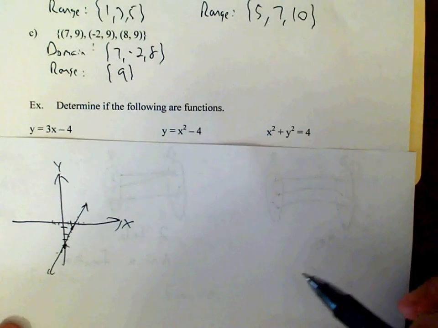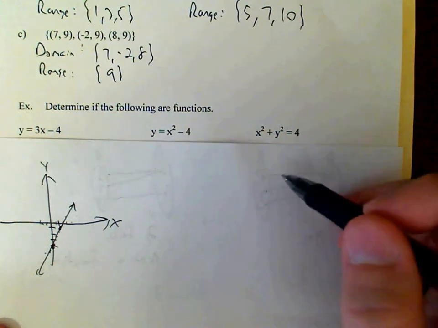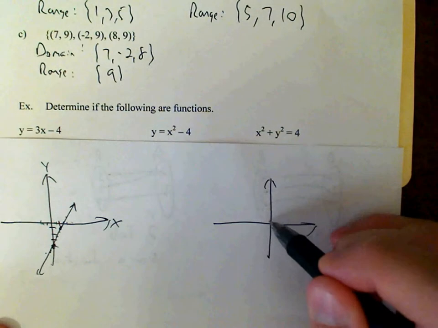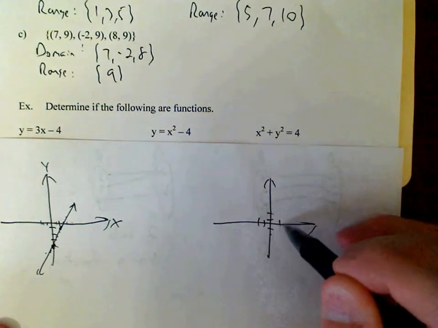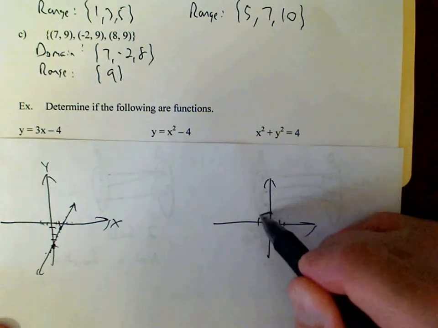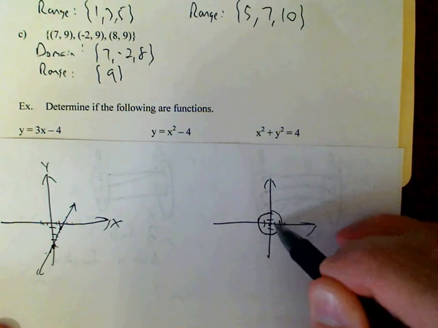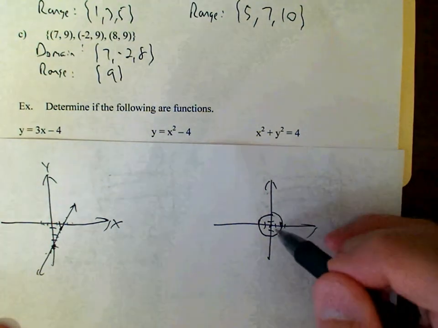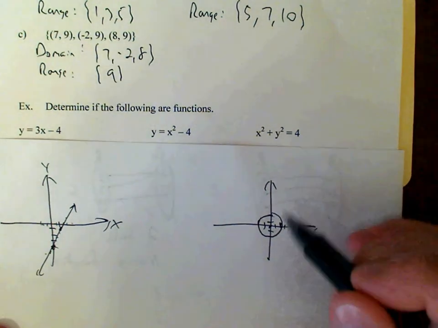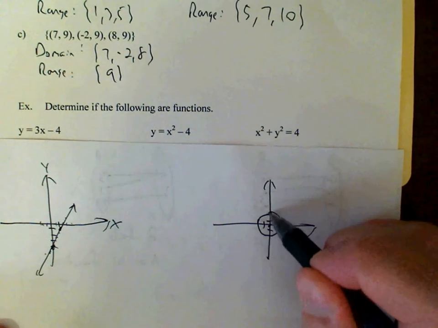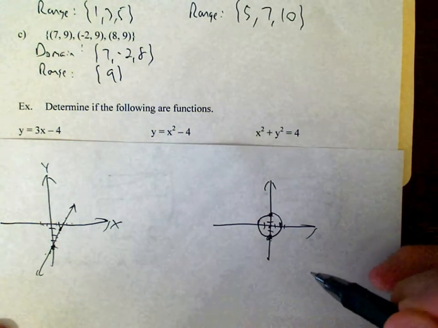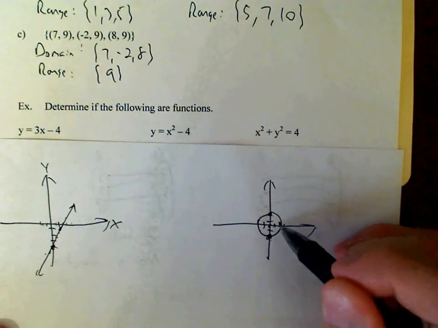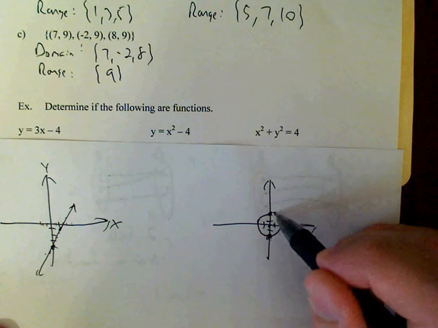That doesn't really explain what I'm trying to get at, so I'm going to come over here and draw this one. This one is actually a circle. Center at 0, 0, radius 2. I'll cheat a little bit. Now here's what happens. When I did my points, I actually used 0, and I got possible answers of 2 and negative 2. What that means is that if I come over to 1, I can go up here and go down here.